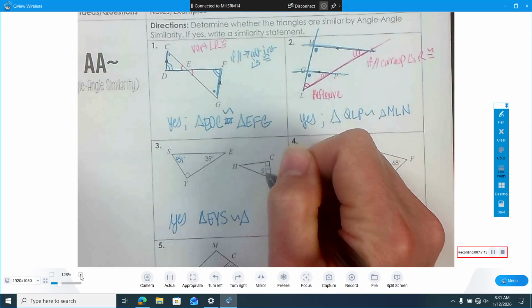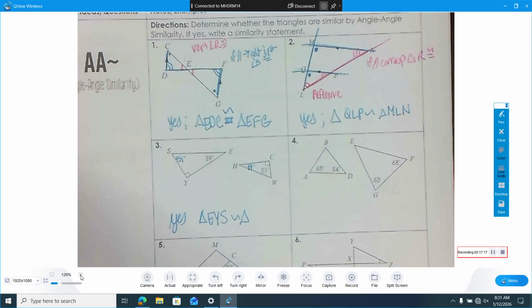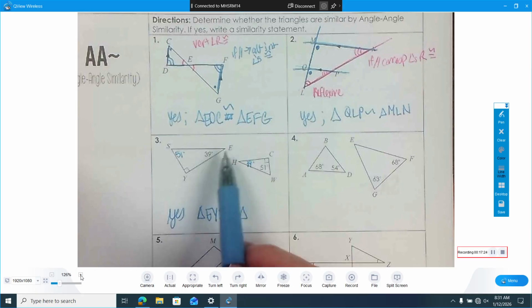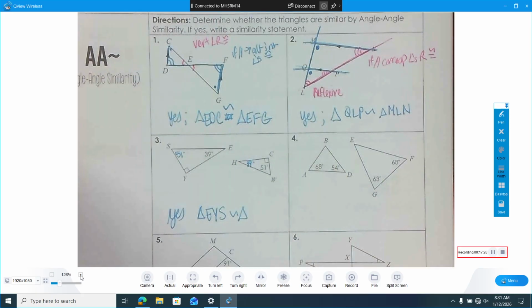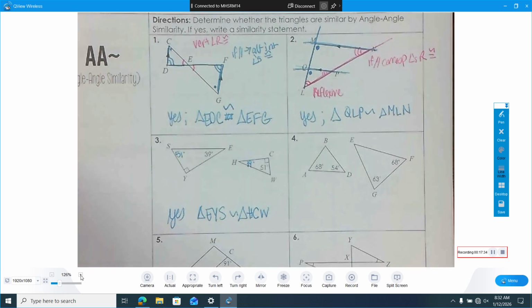And so this one, if I subtract 51 and 90, I must have a 39 degree angle. So yes, we did subtract in our brains or calculators, whatever. All right, so if I write EYS, what's my other triangle similarity? HCW. Yep.